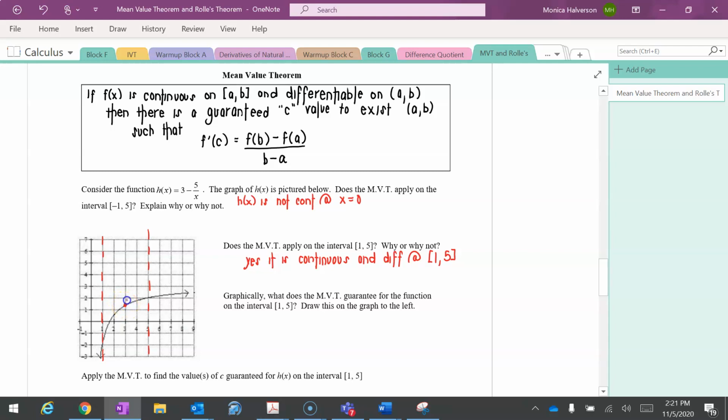So we could draw this tangent line, and that could be the same as this tangent line. They're parallel.